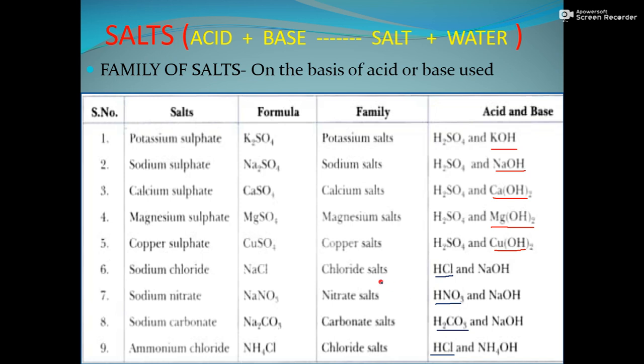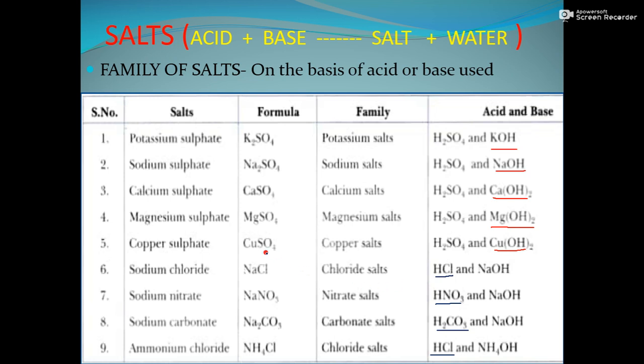Now you will think, could the family of these salts not have been the sodium family or the ammonium family? Absolutely it could. But whenever you give the name of the family, you have to mention whether it is on the basis of acid used or on the basis of base used.